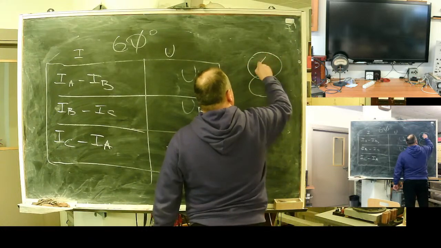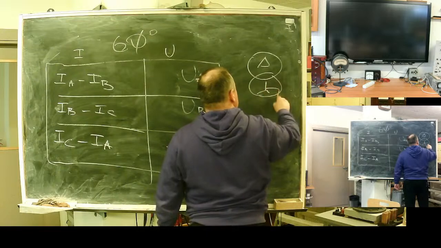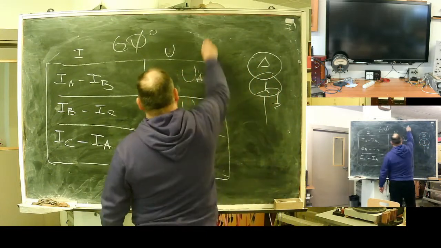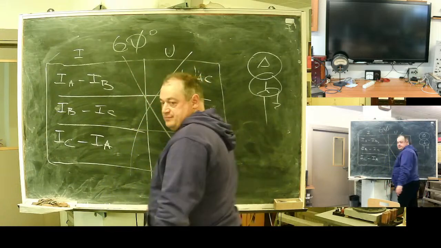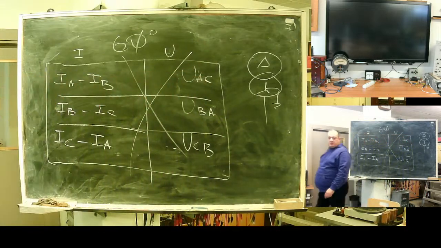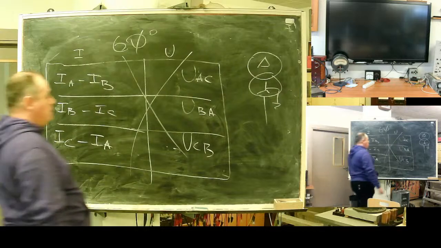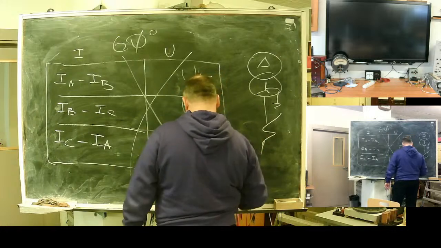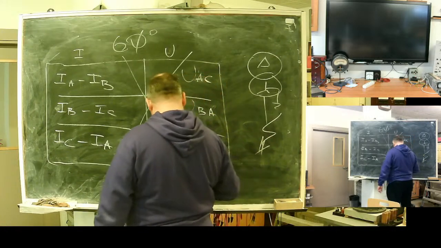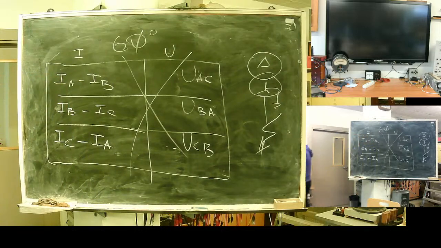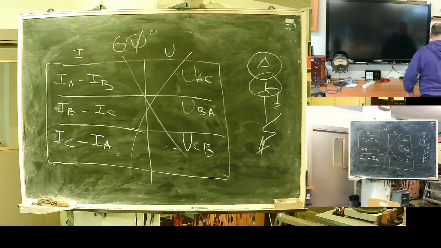If you have in your system transformers delta star, this schematic will become absolutely unreliable. It's not sensitive to fault. There will always be a fault when the system will not operate. So in our system, it's not usable.